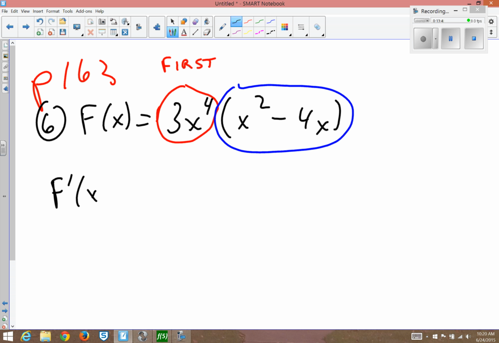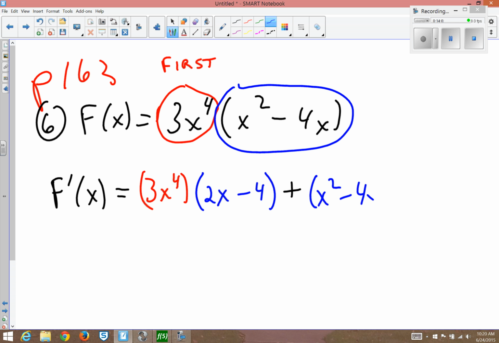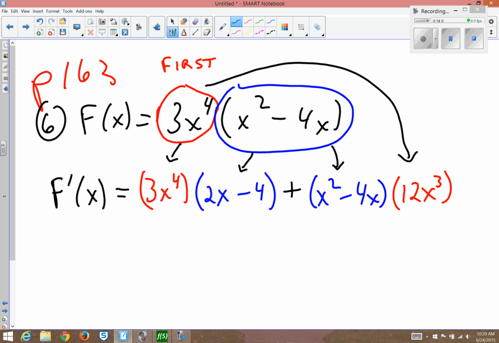F prime of x, which is the symbol for the derivative, is the first times the derivative of the second plus the second times the derivative of the first. And that's it. This is the product rule. The derivative of a product is the first times the derivative of the second plus the second times the derivative of the first.